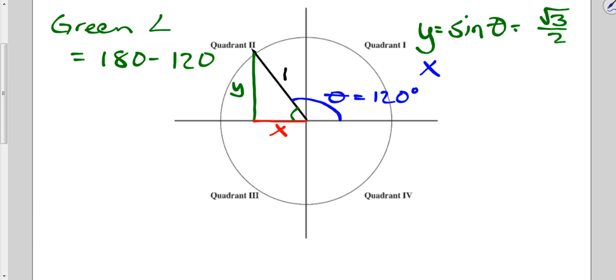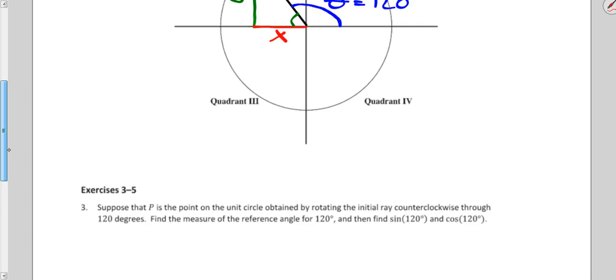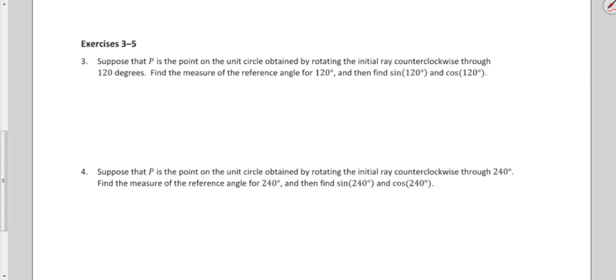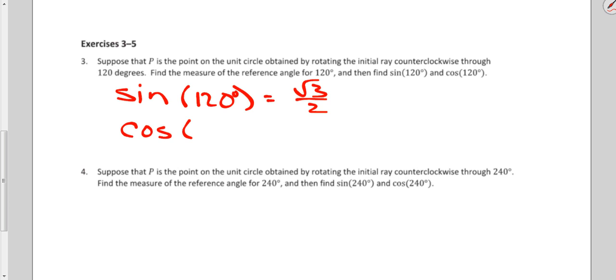And x equals the cosine of theta. In this case, it's negative 1/2. Okay? And like we see, it lives in quadrant 2. That's exercise 3, right? So sine of 120 equals root 3 over 2, and cosine of 120 equals negative 1/2.